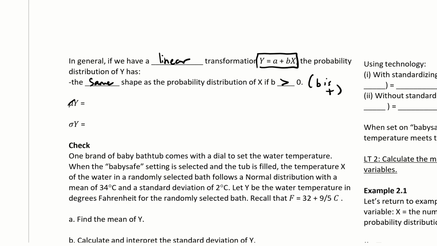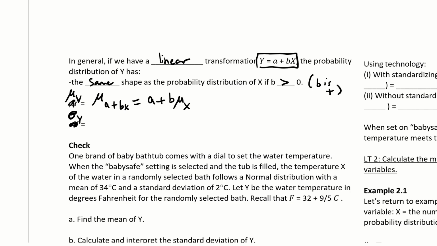And so we see here, let's just call this mu with the little y, sigma with the y on the bottom. So we get mu a plus bx, which is equal to a plus b mu x, okay? So this is like the general rule that we have.